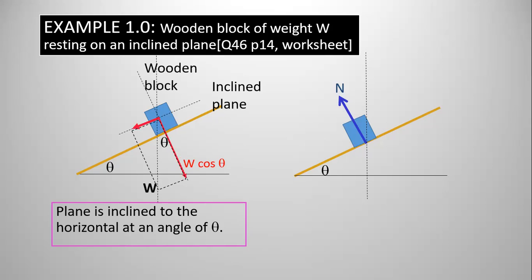Always replace your weight with the two components. Same, if there is your normal reaction, you want to resolve it horizontally and vertically, the angle is also theta. This theta, you can remember easier. Then resolve it horizontally and vertically. So this is your N sin theta, this is your N cos theta.